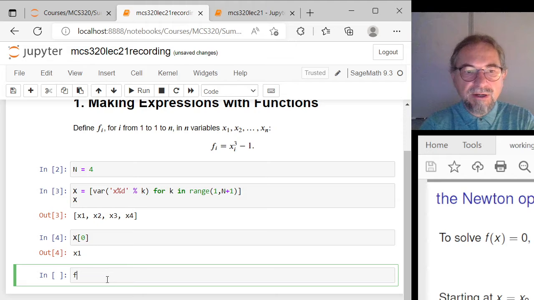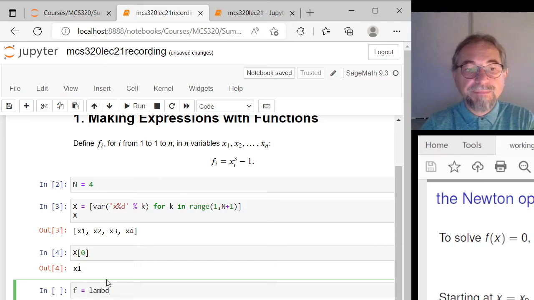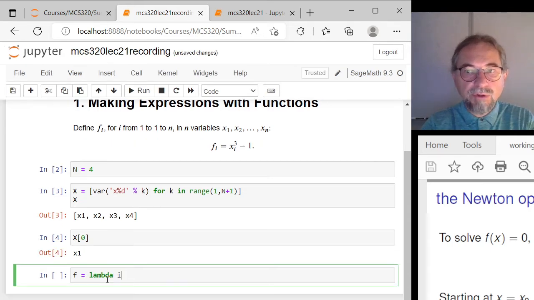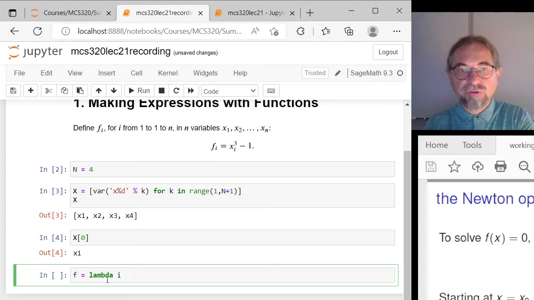Okay, now let me continue. I'm going now to make my expression using the lambda. Again, Python. Why must I use lambda and not the function notation that we did in an earlier lecture? Because that's to prevent evaluation.